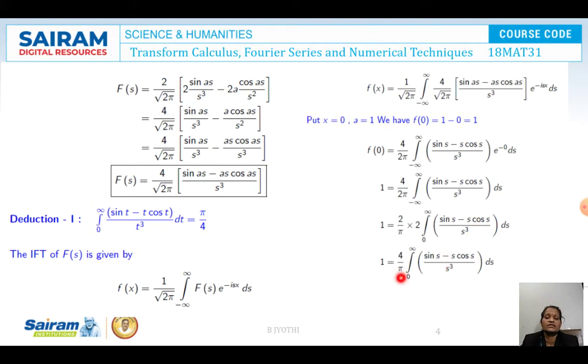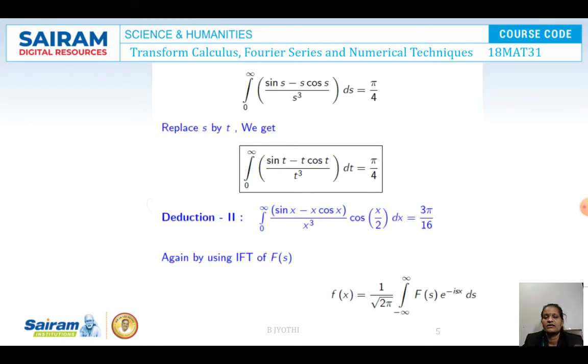So, this is the I we are getting. Now, on simplification, we get this result, and replacing s with t, we get the first deduction required, that is the integral of (sin t minus t cos t) divided by t cube equals pi by 4.